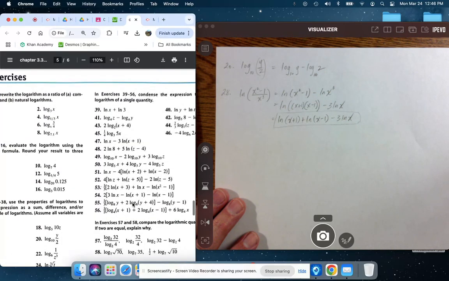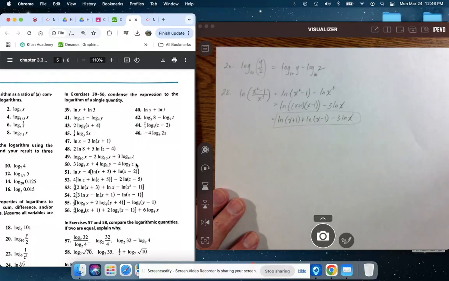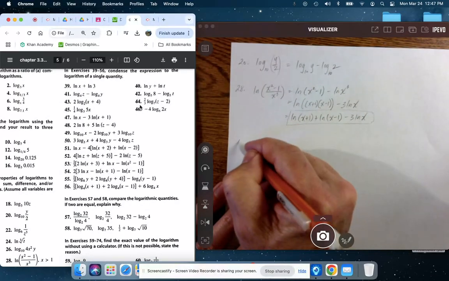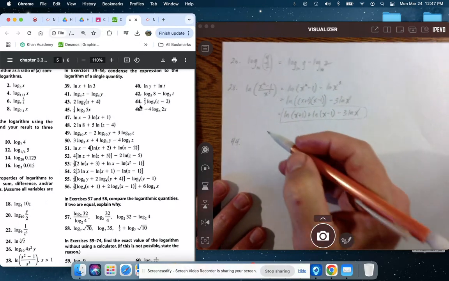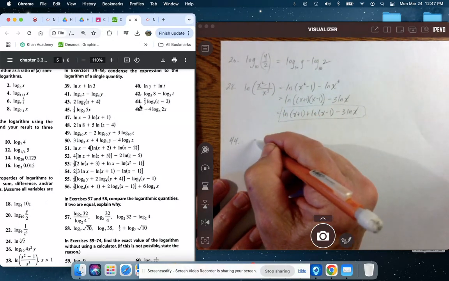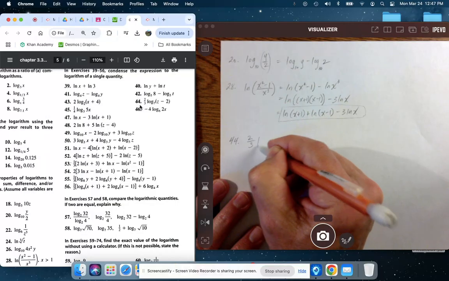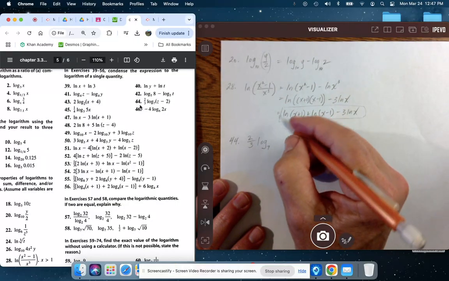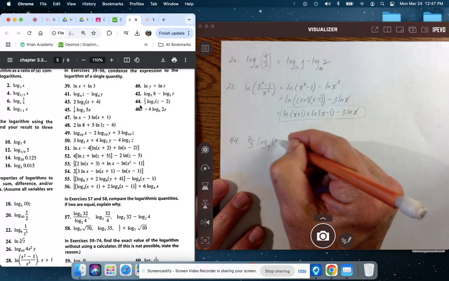Let's look up here. Now here you're just doing the opposite. It's all expanded. You want to shrink it. So we'll look at something easy like, I don't know, 44. So 44 is 2/3 log base 7 of z minus 2.